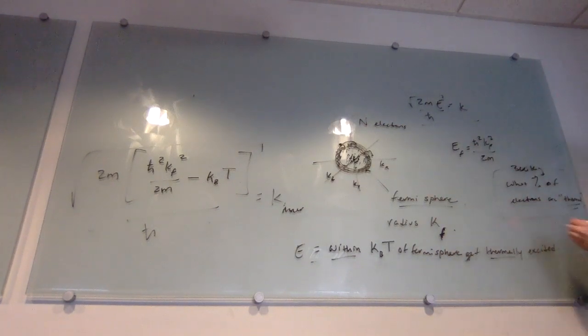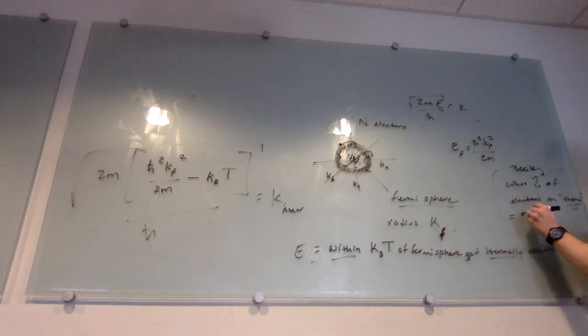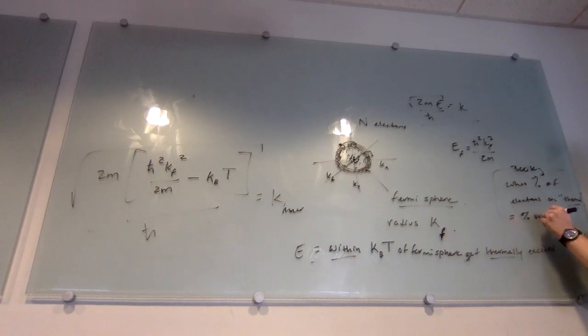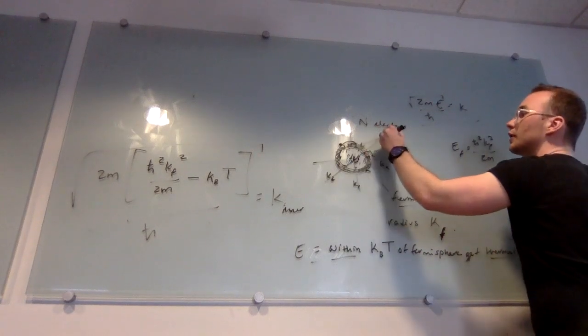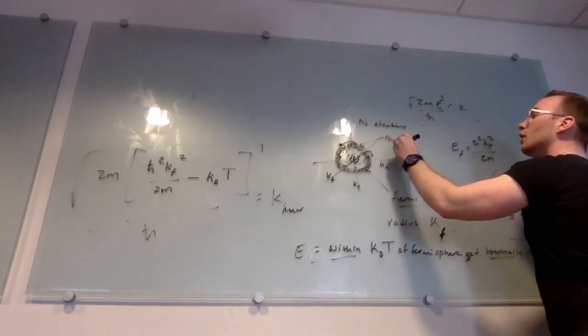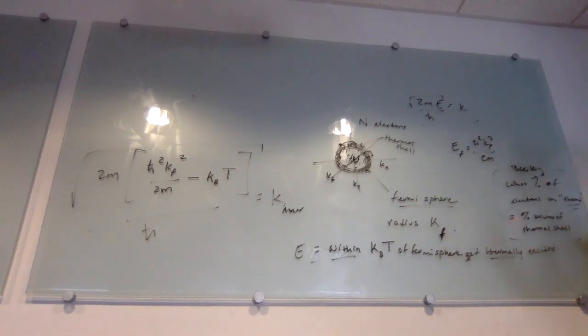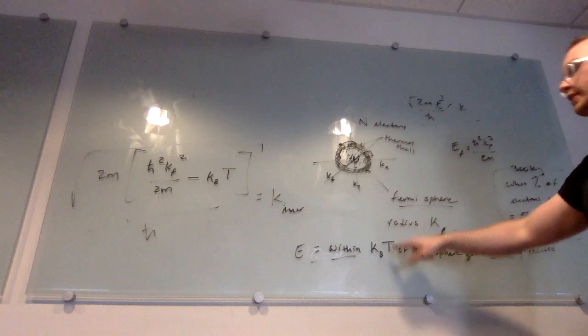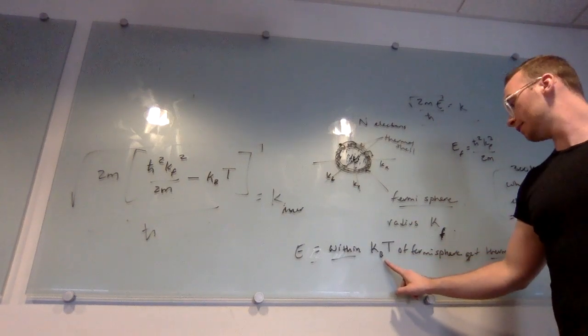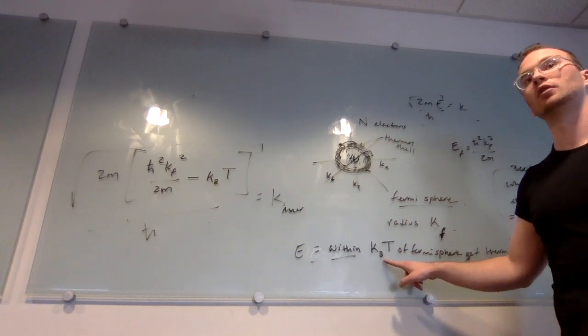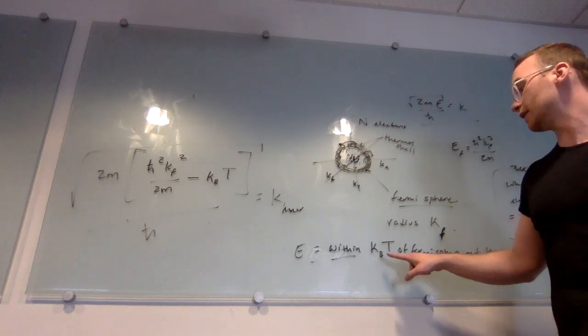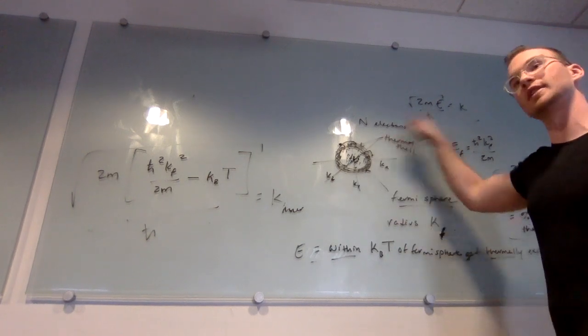So the percent of the electrons is going to be the same as the percent of volume of, I'll call it the thermal shell. And this shell here is the thermal shell. The reason we knew what that was is because they told us the thermal shell has a thickness k_B T. And it's k_B T from the outside, because the outside ones can definitely be excited.